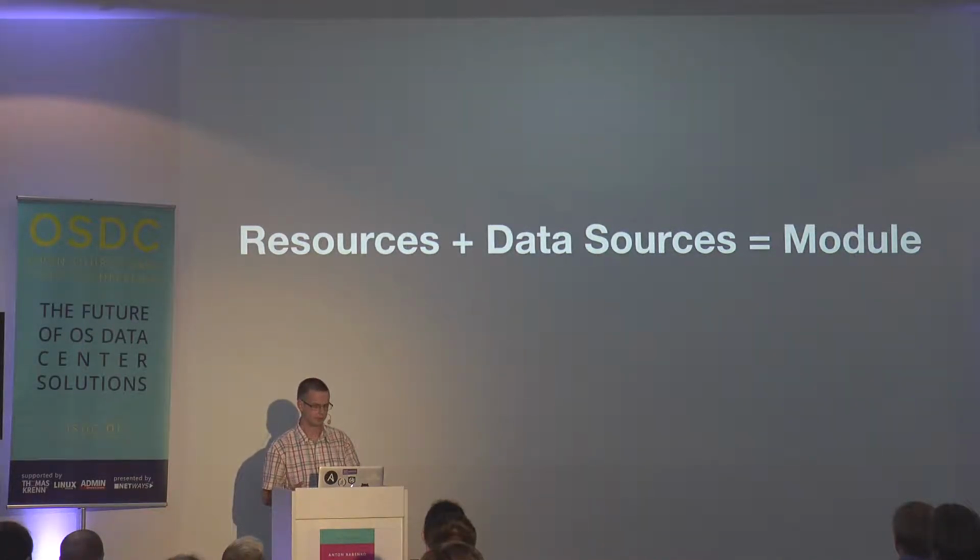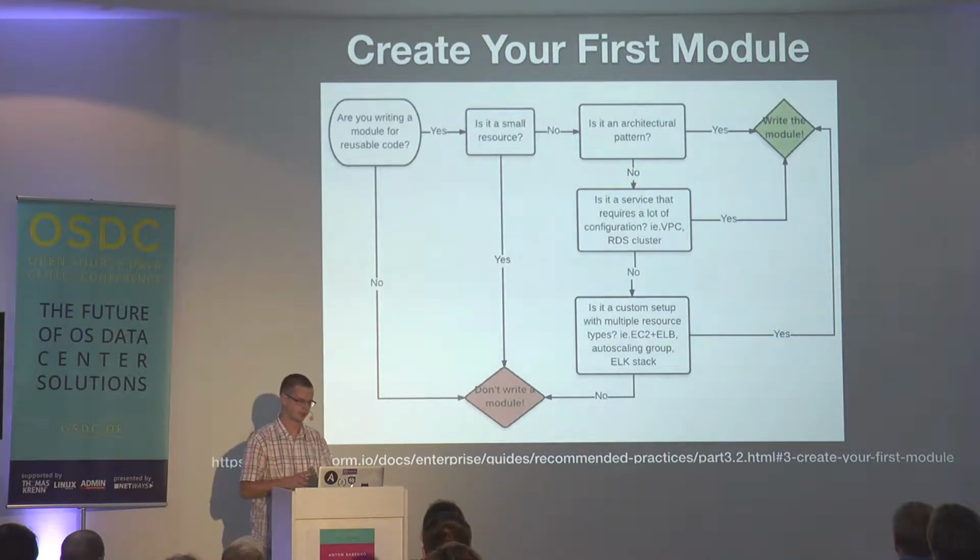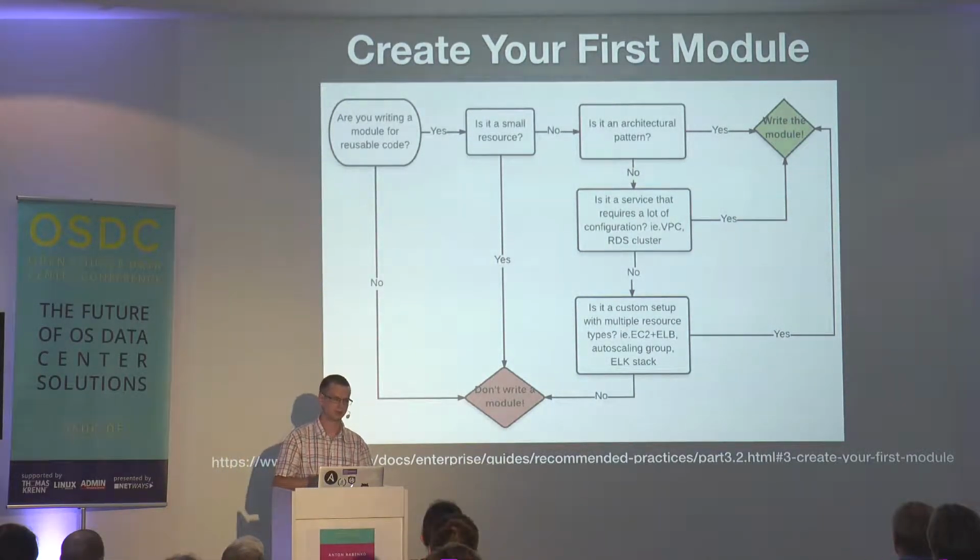A module, as I said earlier, is a grouping of resources and data sources. Data sources are used to fetch information about external dependencies, while resources are actually creating the common sense of the module. In the official documentation, there is a diagram which explains whether you have to make a module. And if you follow this officially recommended practice, most likely you will end up at the bottom: don't write a module.